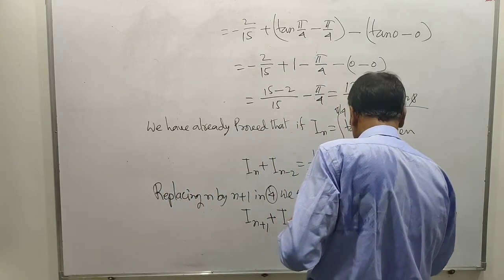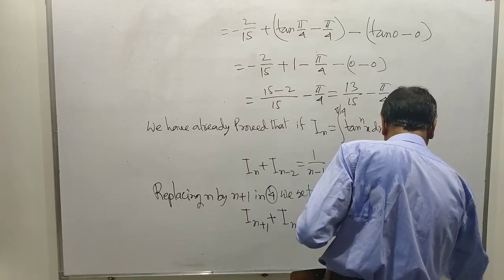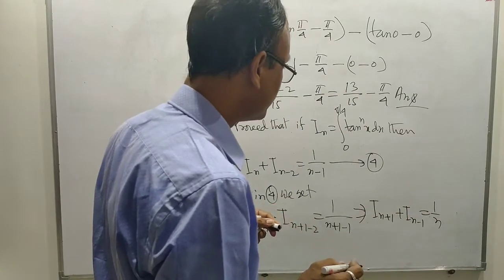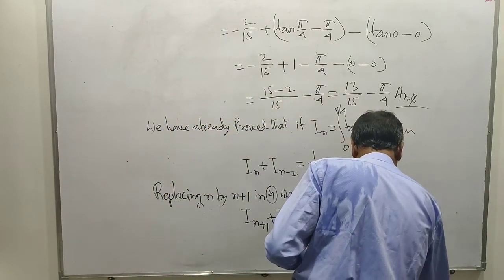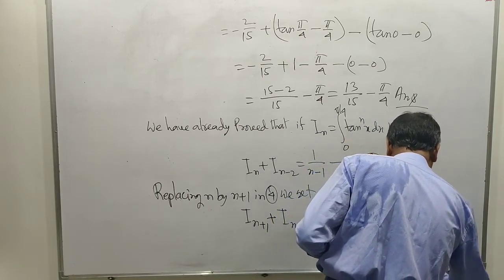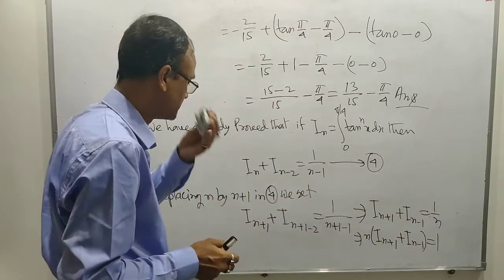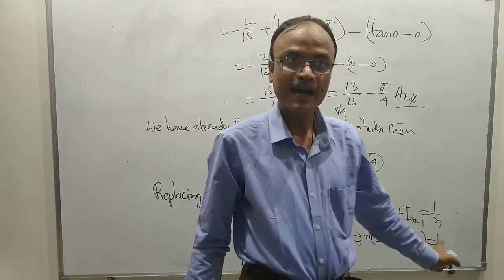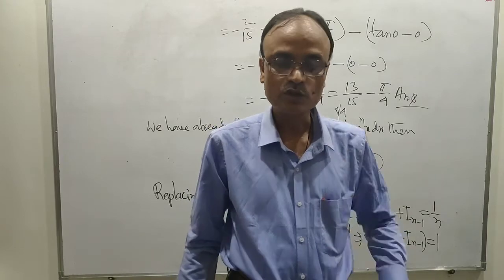This means you will get I_(n+1) plus I_(n-1) equal to 1 by n. This means n into I_(n+1) plus I_(n-1) equal to 1. The last part has also been proved. Lastly, n into I_(n+1) plus I_(n-1) is equal to 1.